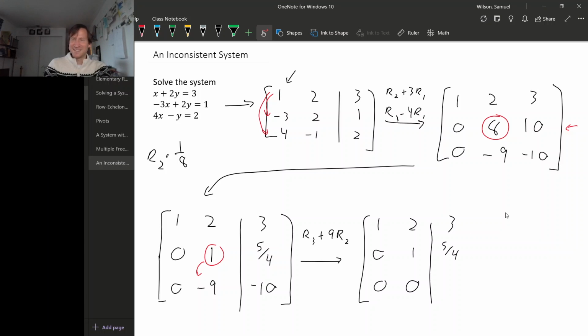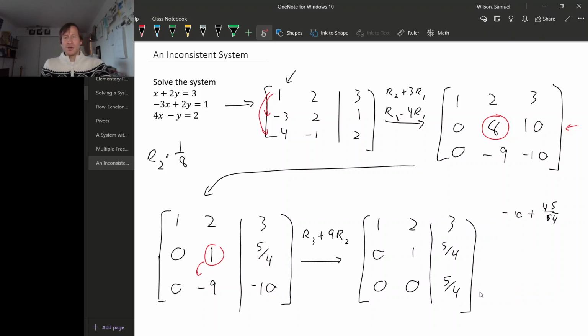So let's see, minus 10 plus 9 times 5/4, that's 45/4. Right, so this is 40/4, sorry, fourths, not fifths. Okay, so minus 40/4 plus 45/4 is 5/4. Okay, I think I did that right.